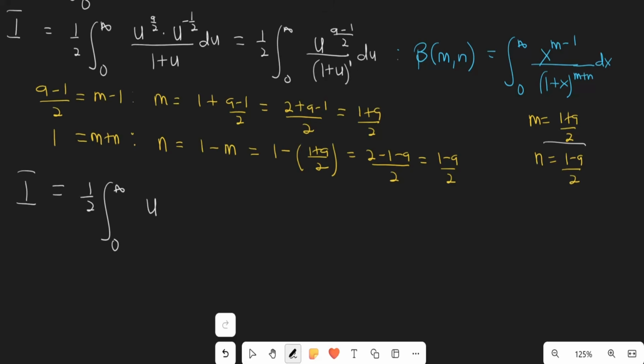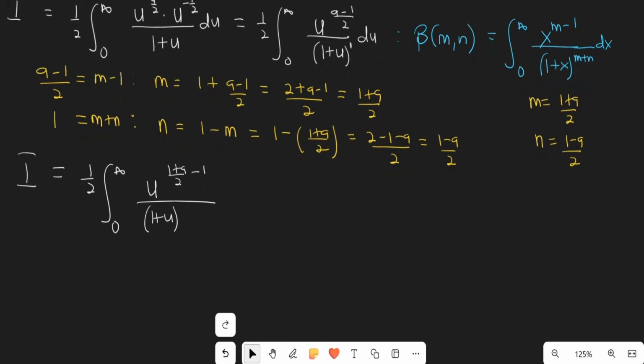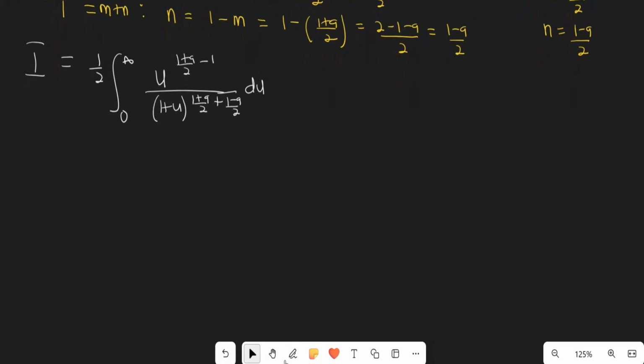We have found m to be this, that is 1 plus a all over 2 minus 1, all divided by 1 plus u raised to the power 1, but 1 can be written as m plus n, as in the beta function. So m plus n here is going to be 1 plus a over 2 plus n, and n is 1 minus a over 2, just summing these. And then du. All right, so this is how we can rewrite the integral.